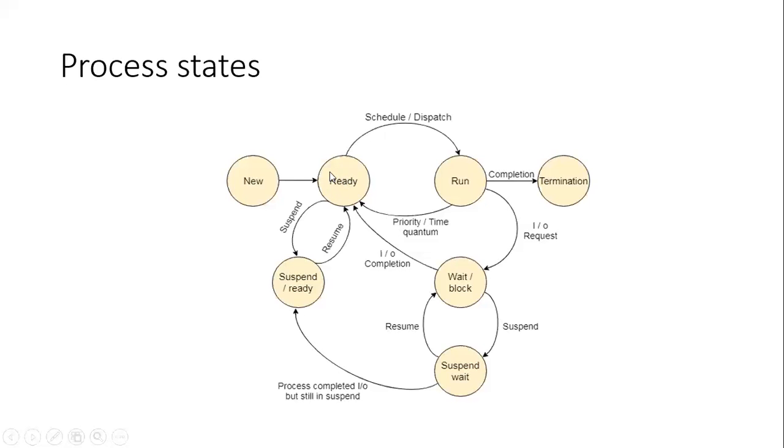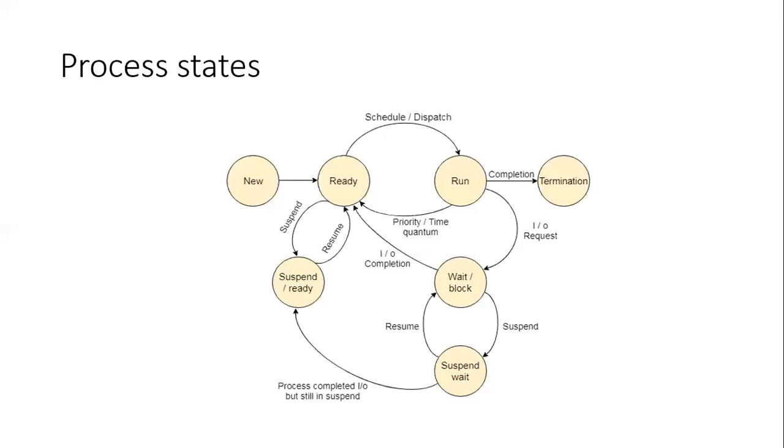These 10 processes cannot be executed simultaneously by a single processor, because in operating systems we generally talk about uniprocessor machines, in which only one CPU is there.